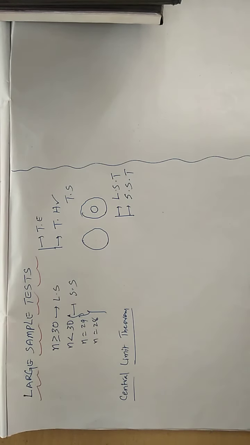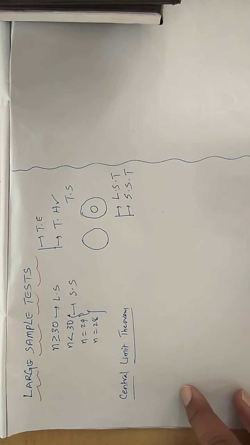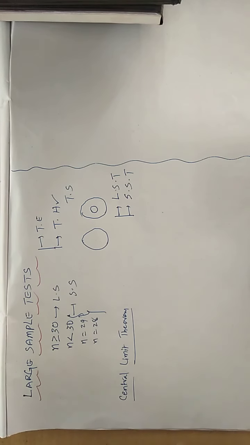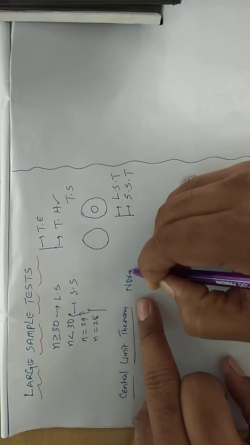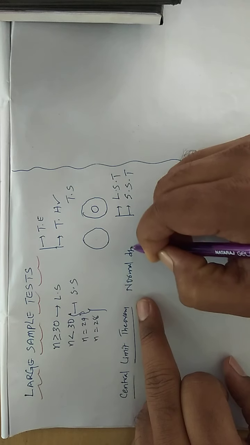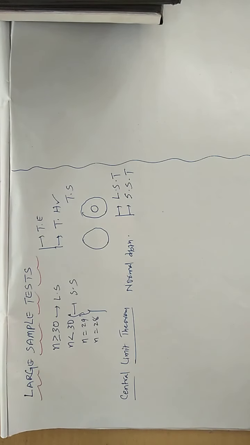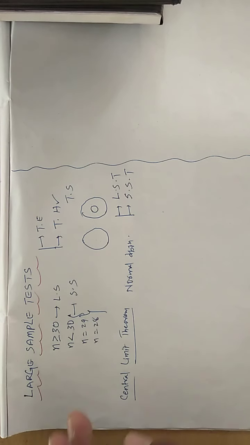That is the logic behind the central limit theorem. So according to the central limit theorem, all the large samples follow what distribution? Normal distribution. This is the basic principle while applying the large sample test.